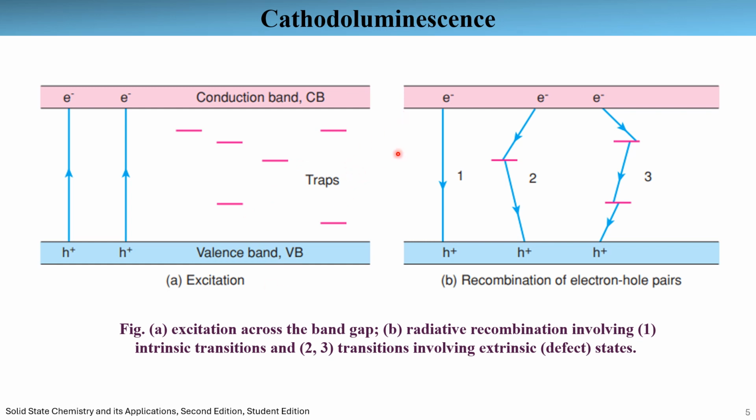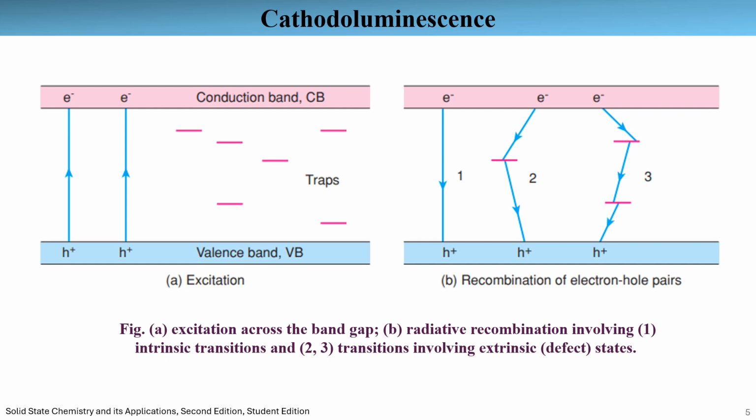CL works best with insulating or semiconductor materials such as ceramic, organic and biomaterial, since they have a clearly defined band gap, but not with metals because they have no defined band gap. It is also informative for materials containing defects or dopants with associated interband trap levels, since the wavelengths of CL emission are characteristic of the species or defects responsible.